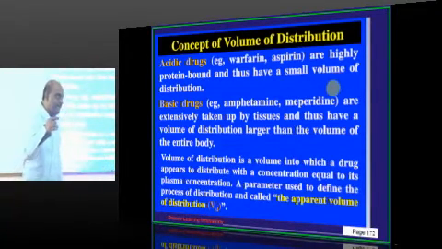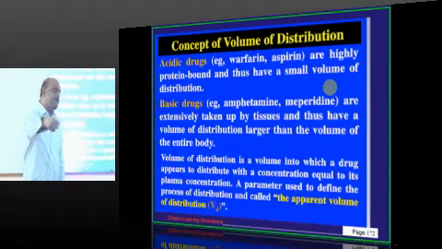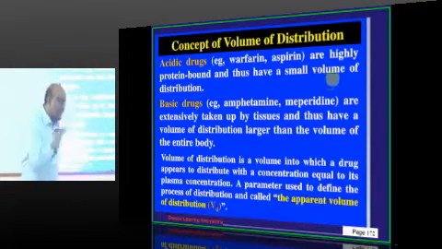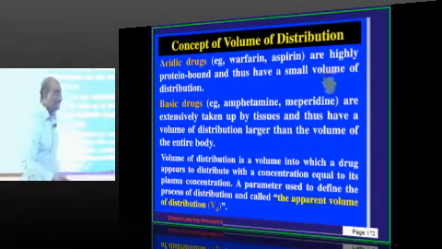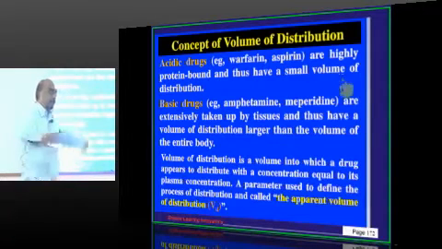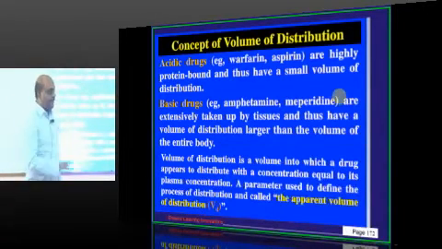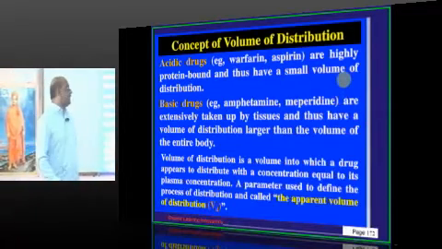If it is in the plasma, then the dialyzer machine can suck it out. Acidic drugs will be more dialysable, or basic drugs? Acidic drugs, because they are highly protein bound and remain in the plasma. Any drug with a high VD is not dialysable. That is the funda which you need to appreciate.